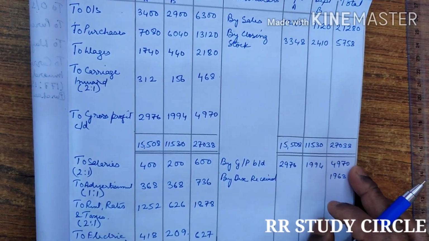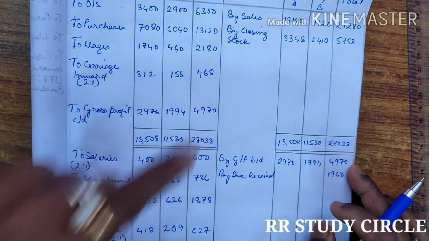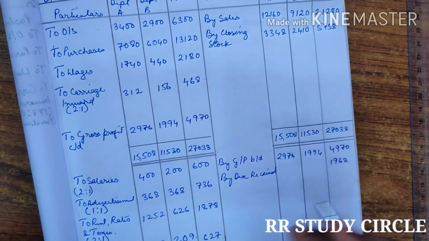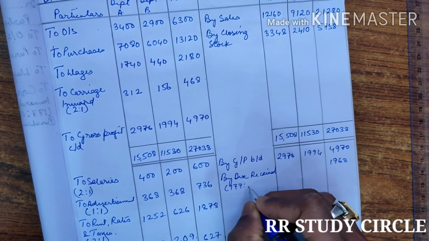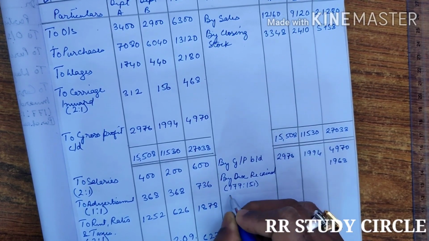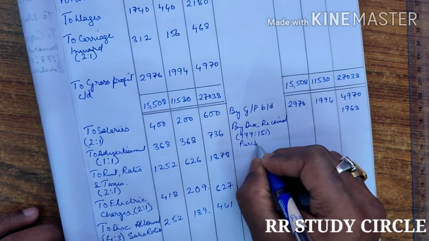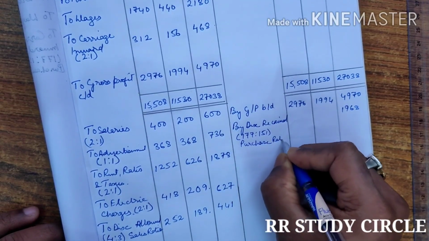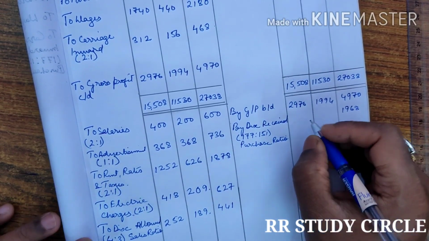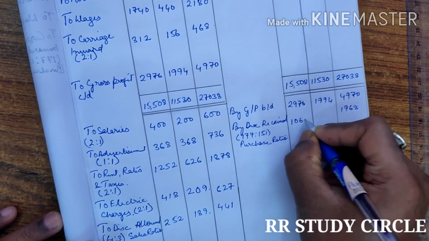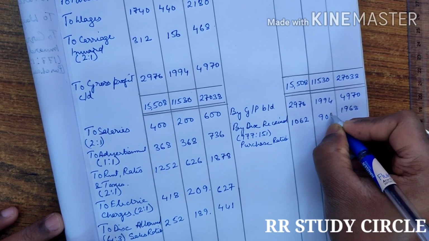The ratio of departmental purchases, as you can see, is 7080 to 6040. If you break it down, you get 177 to 151. You can write it as purchase ratio. If you calculate, it will come to 1062 and 906.